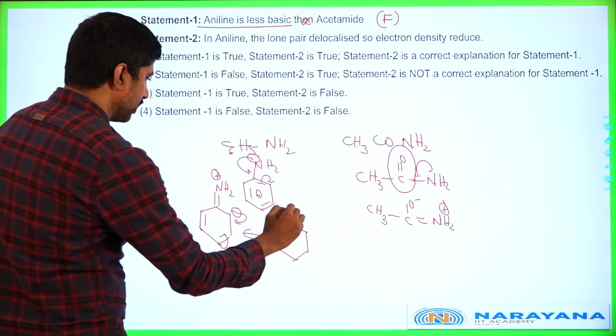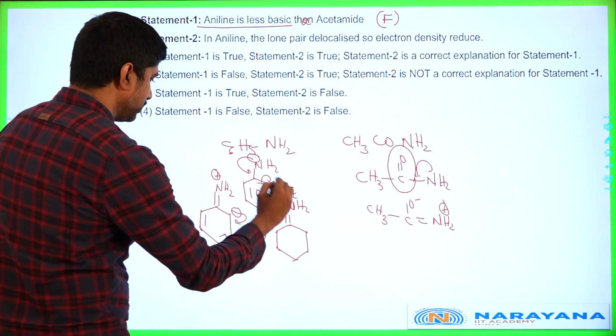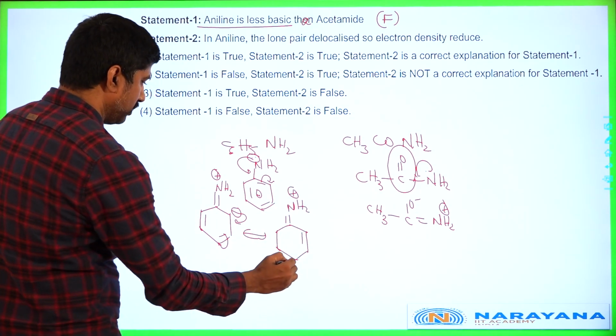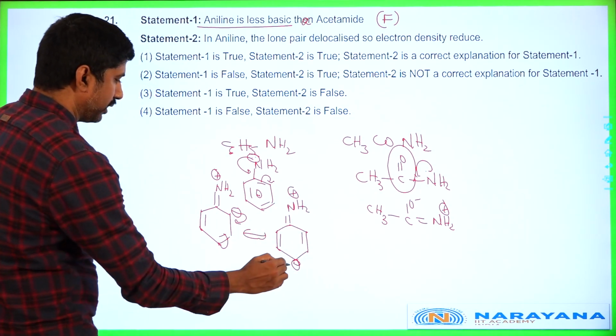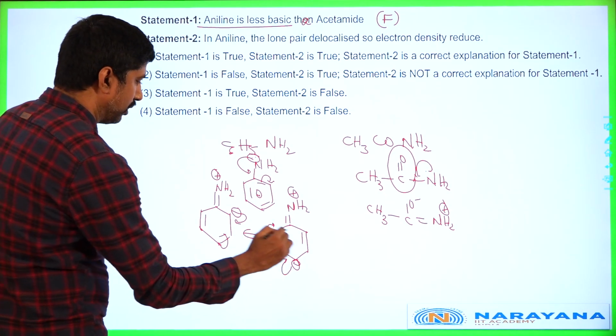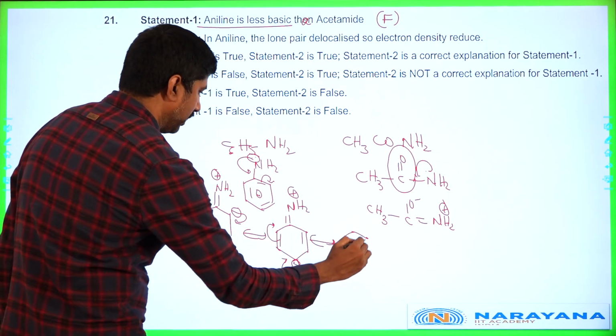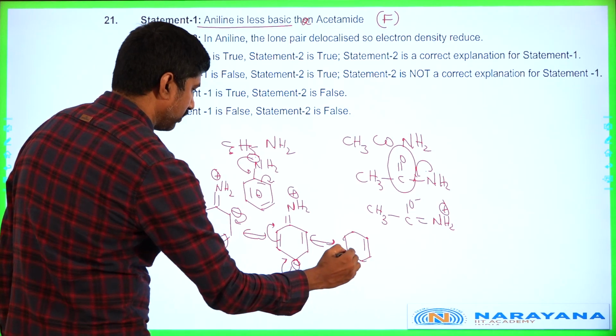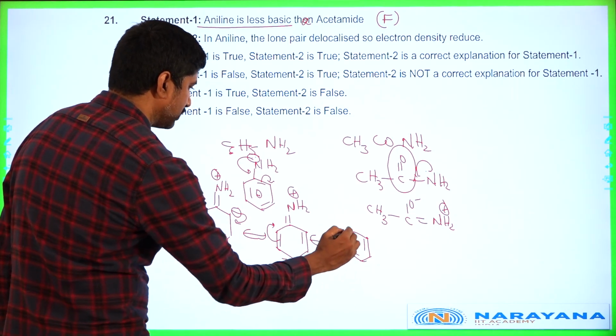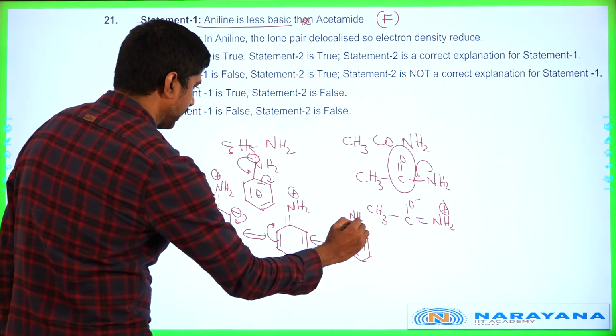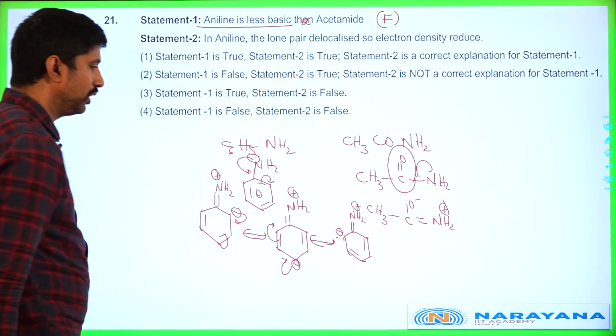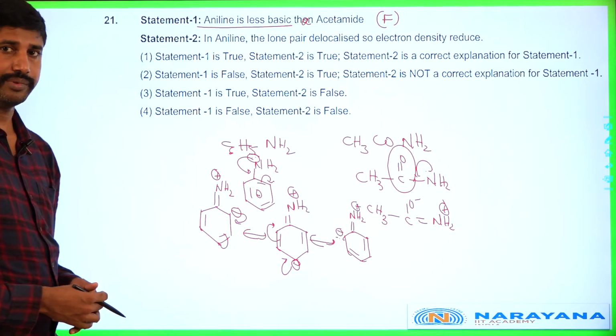So delocalization of electrons takes place, and we get double bonds and negative charge at the ortho and para positions, and finally the resonance hybrid.